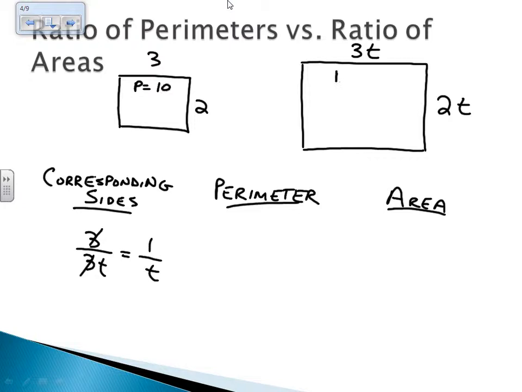What's my perimeter here? 10t. Because 2t plus 3t will be 5t, and then you just double it for the other two, and I get 10t. So my perimeter ratio is going to be 10 over 10t. What happens with the 10? Cancels. So the ratio of my perimeter is 1 over t. Once again, notice that they're equal. The corresponding sides and the perimeter have the same ratio.